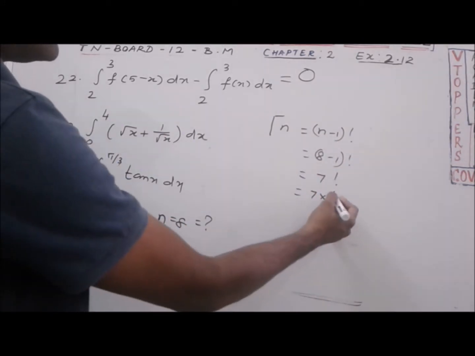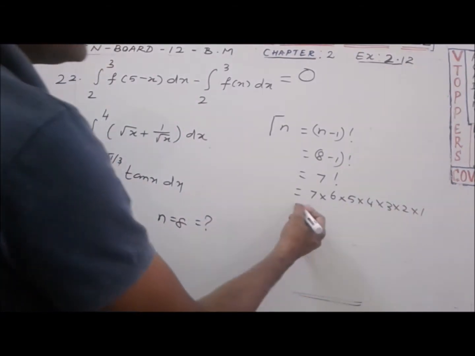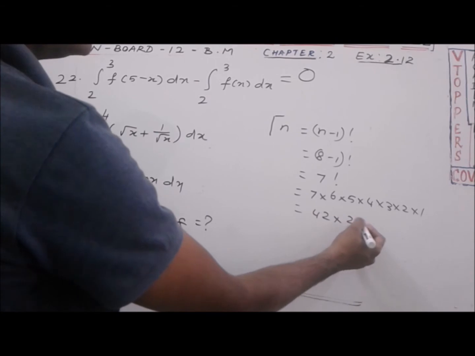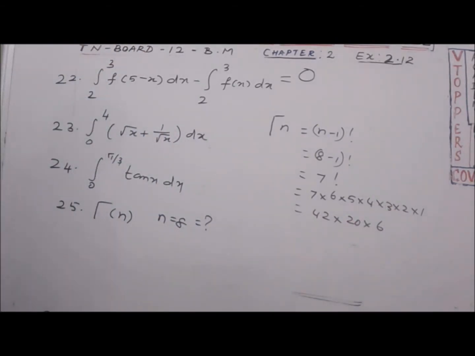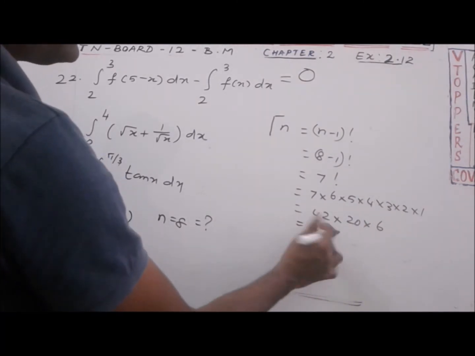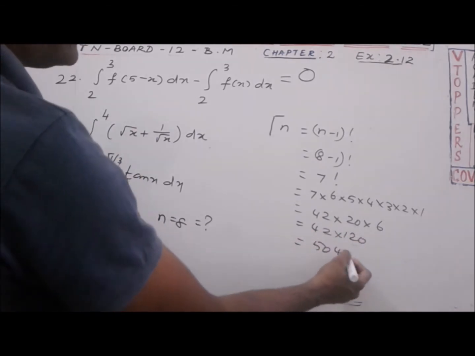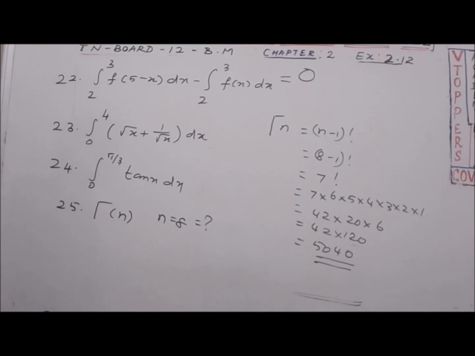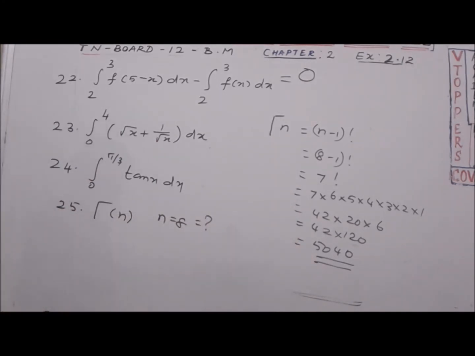So 7 into 6 into 5 into 4 into 3 into 2 into 1, 42, 6 into 2 is 12, so 42 into 120, which is equal to 5040. So here for this question, 5040 is the answer, option A. Option A is the right answer.